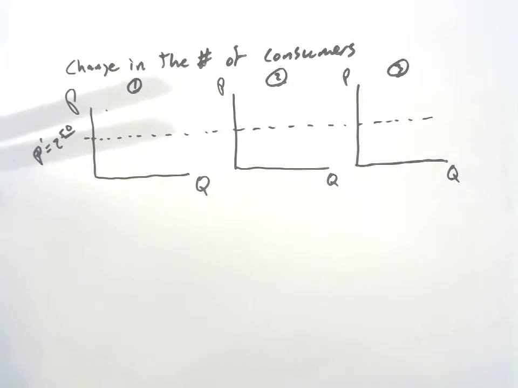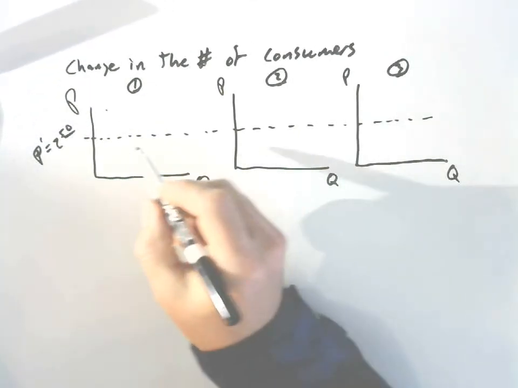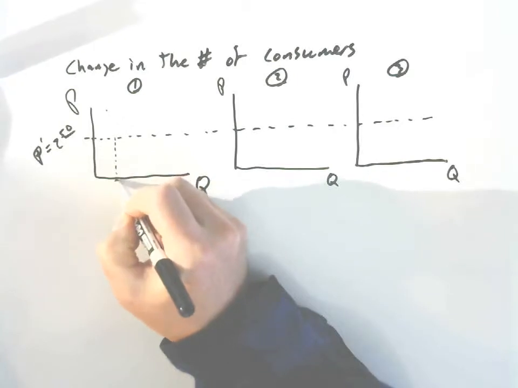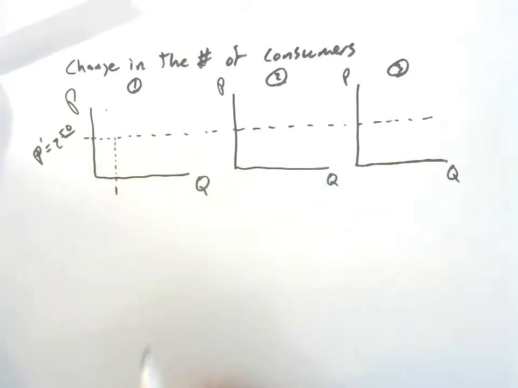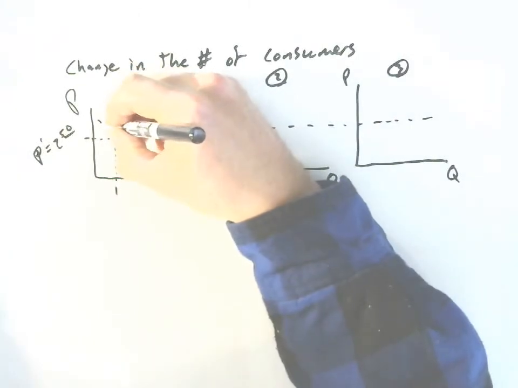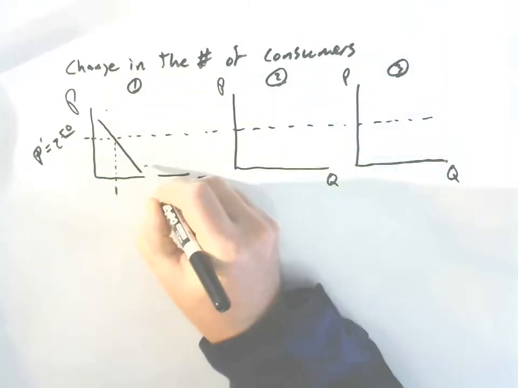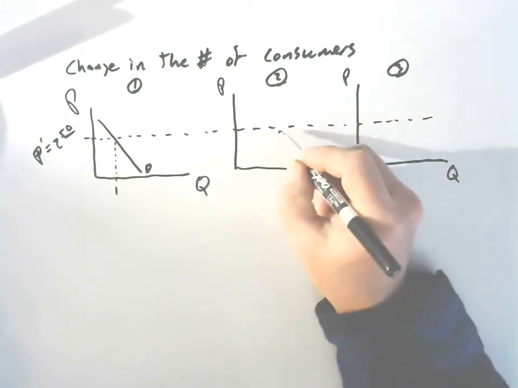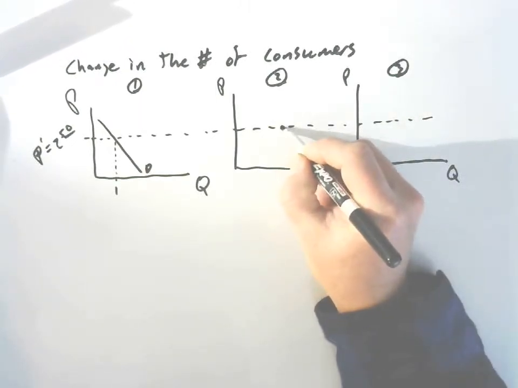So assume that P prime equals $2.50. At $2.50, let's assume friend number one buys one hamburger. So their demand curve looks something like that for hamburgers. Now let's assume that your other friend, however, at $2.50 will purchase three hamburgers.